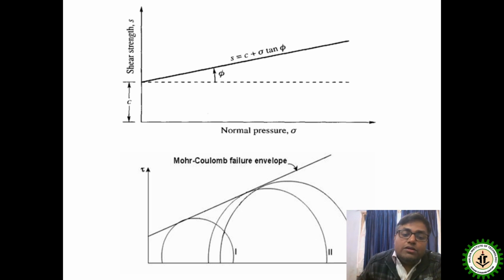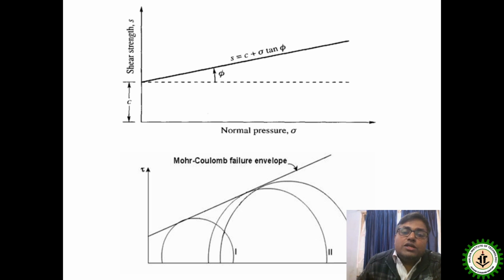A common tangent has been drawn touching all the circles, and it meets the y-axis, which represents shear stress tau, at a certain point. The inclination of this line with the horizontal is phi, and the intercept along the y-axis is given by c.